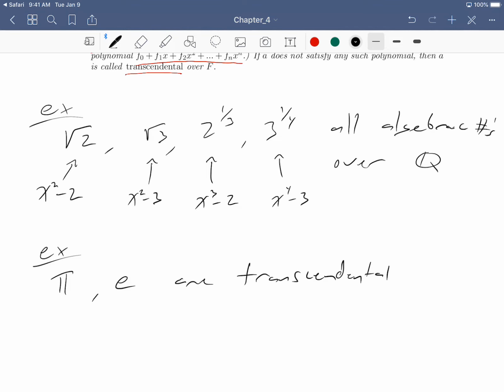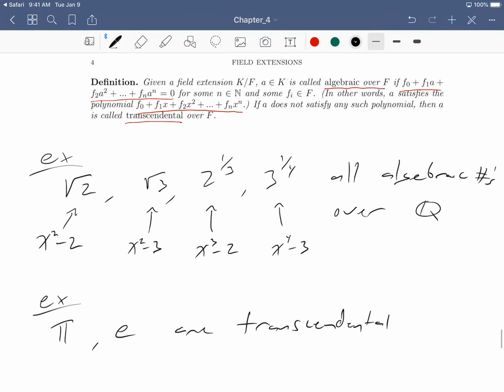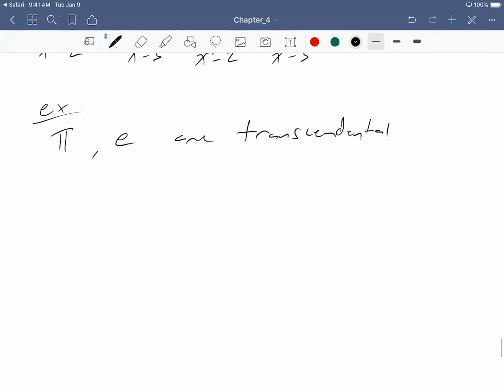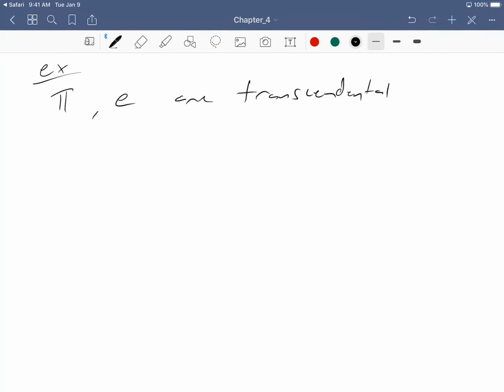I want to point out this correspondence in this definition, between an expression with powers of a and a polynomial. That's going to become useful to us, and that tells us where we're heading in our next chapter. So let's look at that correspondence a little bit. We had that expression f0 plus f1 a, dot dot dot, up to fn a to the n.